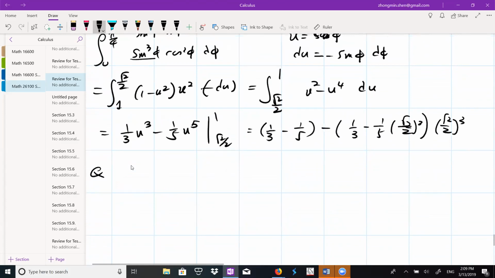Okay, so number 10. You are given this transformation.